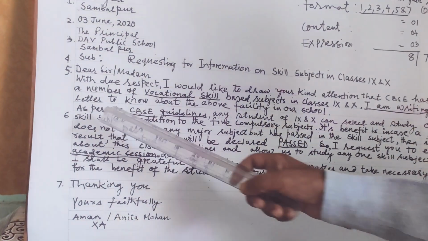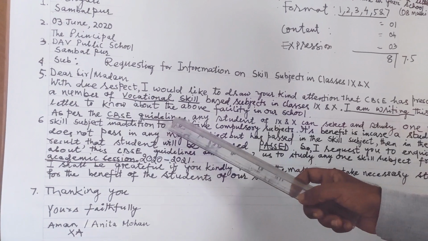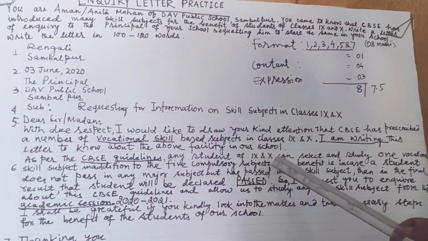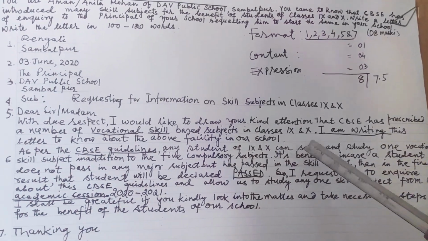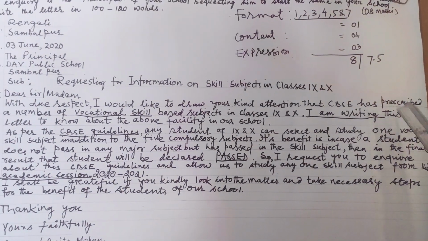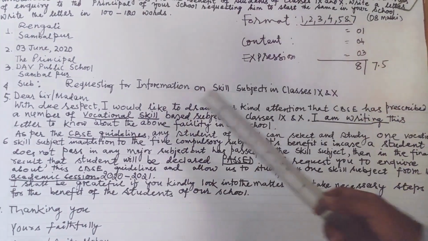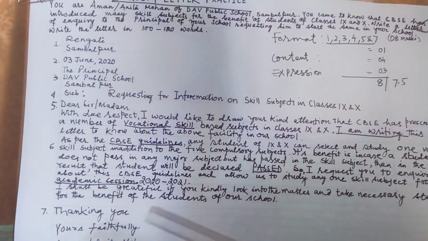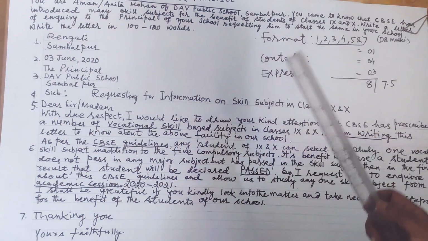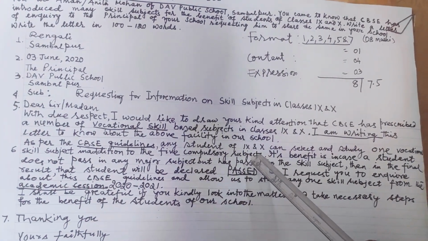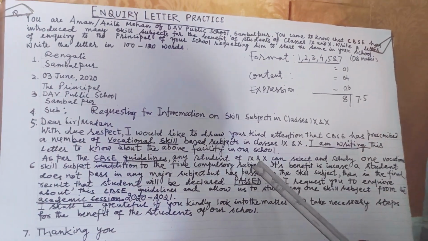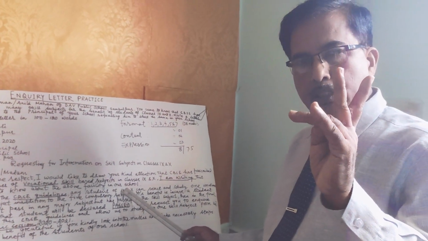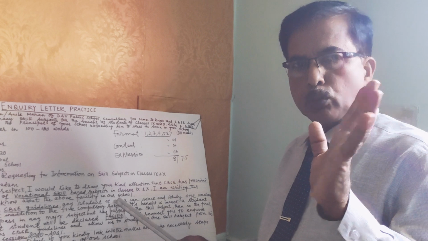As per the CBSE guidelines, any student of 9th and 10th can select and study one vocational skill subject in addition to the 5 compulsory subjects. Students, there are 5 compulsory subjects: English, Hindi, mathematics, science, social science.